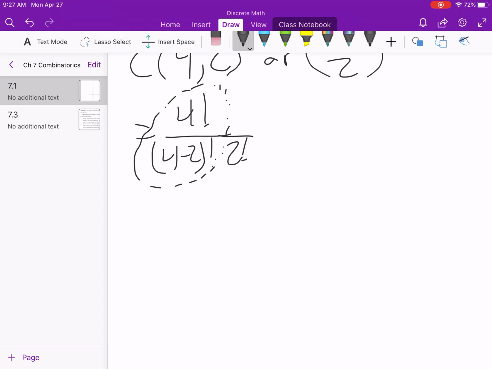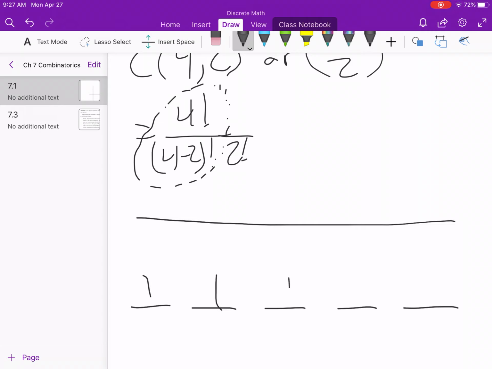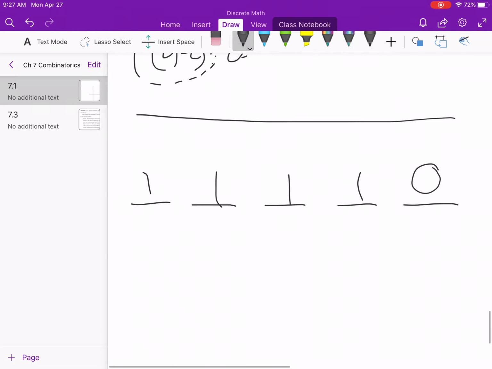Quite a large group. So let's try to think our way through the problem. I've got 1, 2, 3, 4, 5. Then this could be the same, and this could be different.